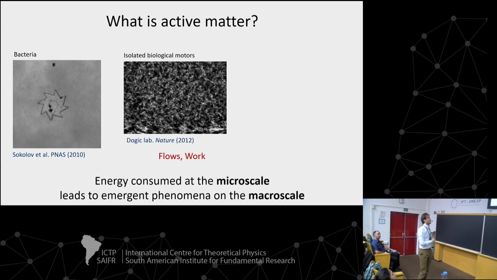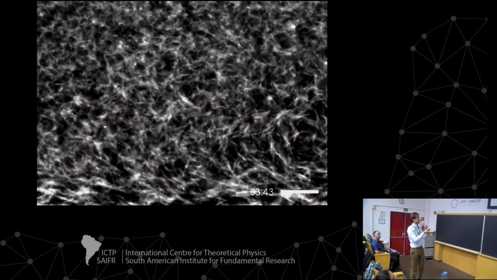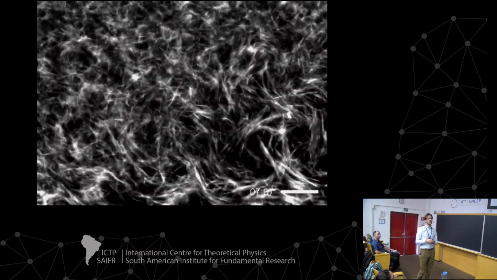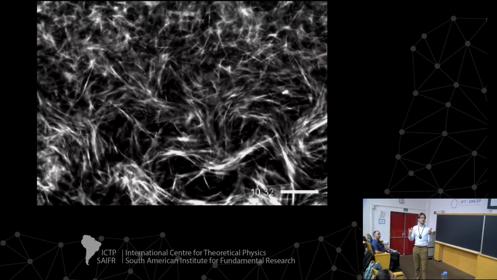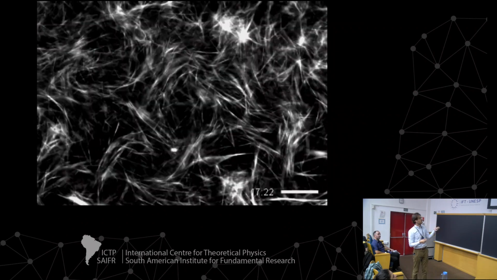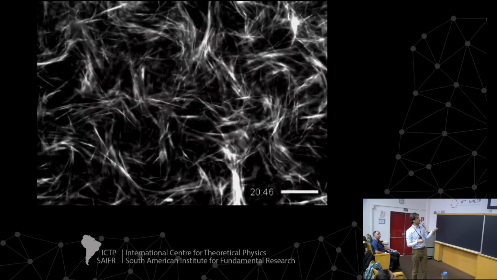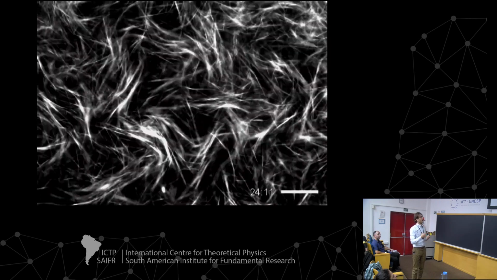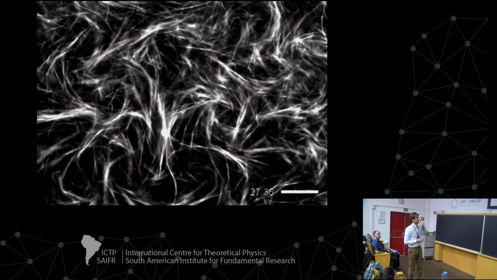It's a system developed by the Dogic lab, also more than 10 years ago now. This is a system of biofilaments and molecular motors. And so what happens if you take these two molecules? The filaments are called microtubules, and the motors are called kinesin, and they're present in pretty much all living things, right?